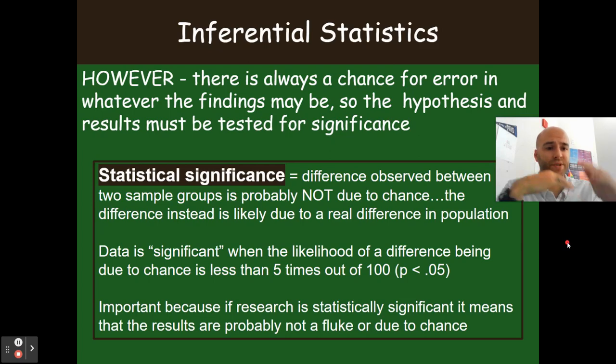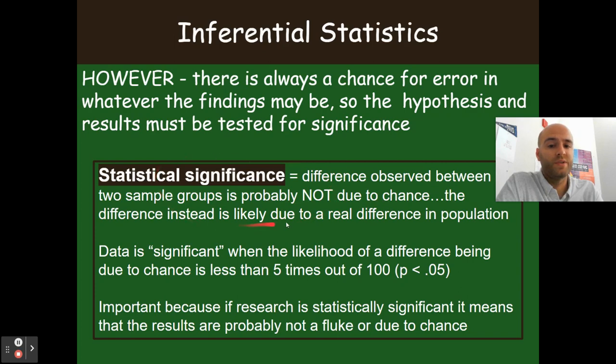You need to do these things over and over and over again to test them out to make sure they truly are what's called statistically significant. Okay? This means there is a difference observed between two sample groups, and it is probably not due to chance.